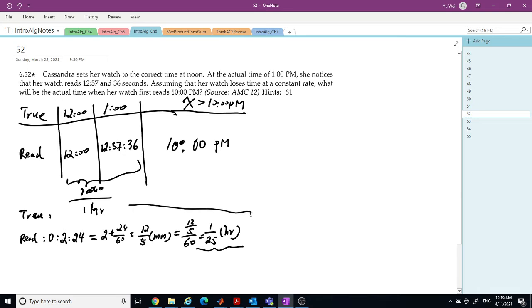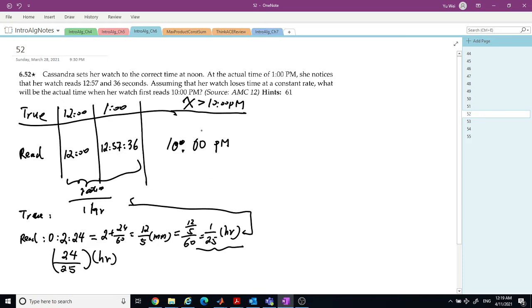So you run 1 hour, you lose 1 over 25 hours. Means for the true 1 hour, the real clock only runs this fraction of the hour.